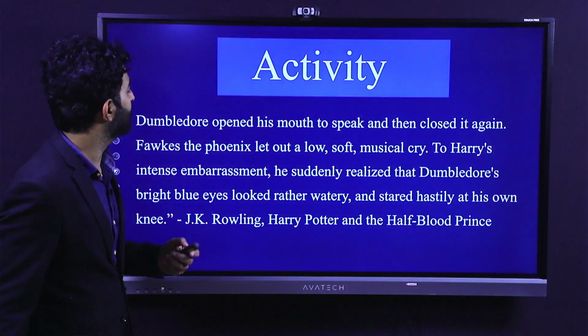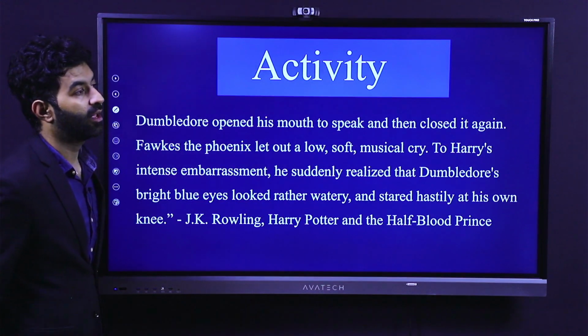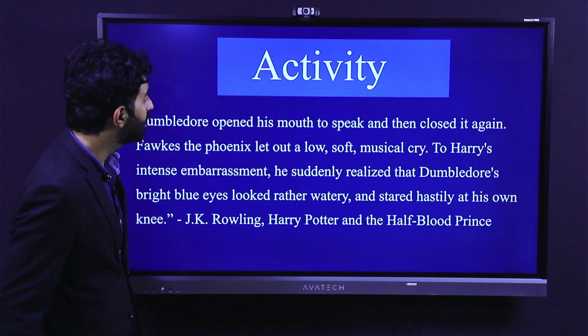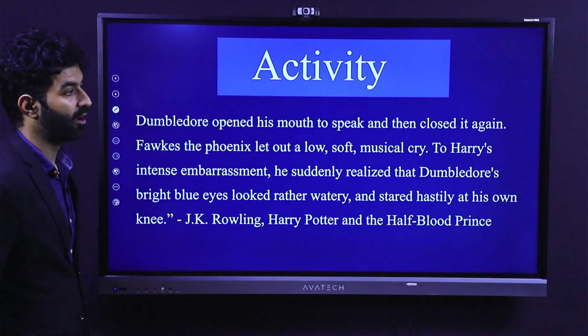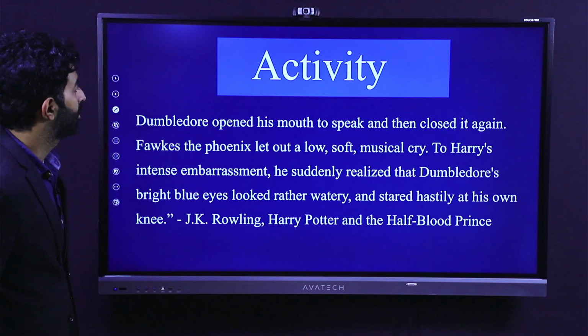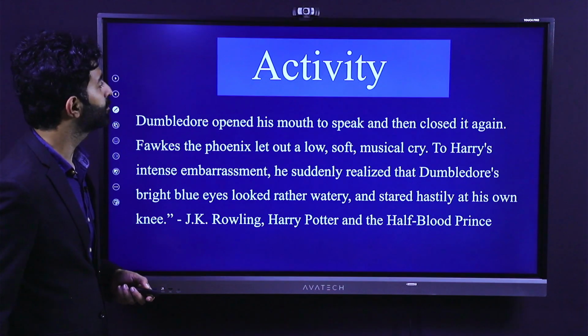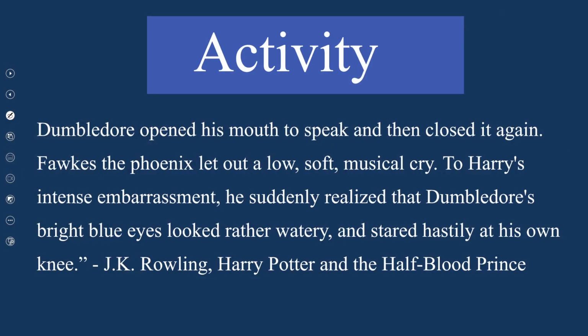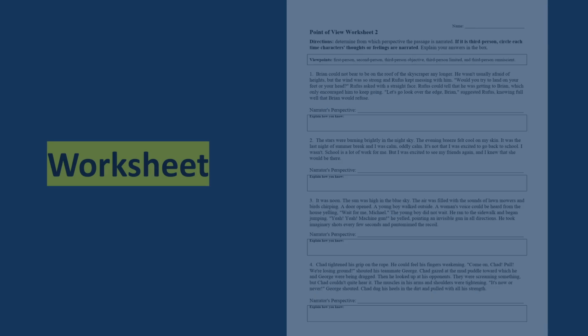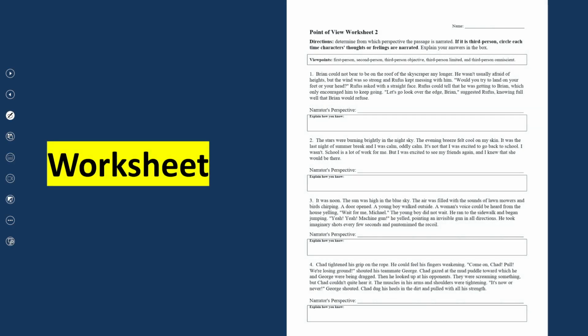Now, here's an activity. You have to figure out what point of view it has. All right, this is an activity for you to do. What is the point of view of this passage? Next, we have your worksheet attached on the topic of point of view.